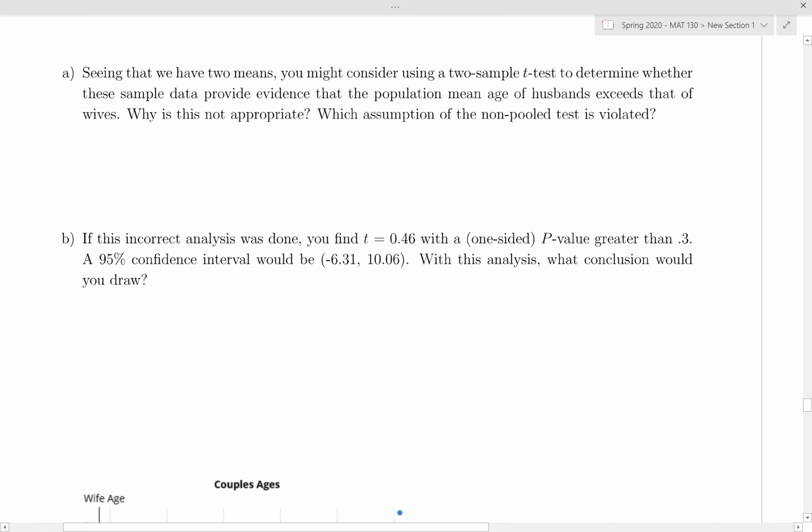Which assumption of the test is violated? Well, one of the conditions that needs to be satisfied is that the samples need to be independent. Are the samples independent in this case? No, they're far from it. The samples are matched in this case, not independent.